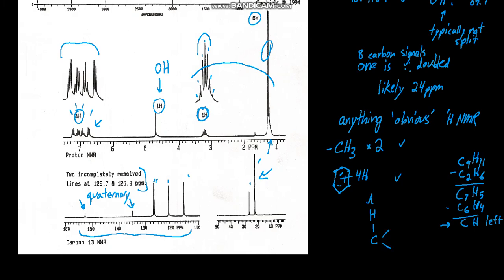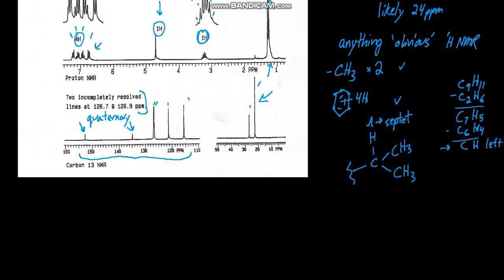Well, it's not going to be the ring hydrogens that can do that, they're all scattered. It's got to be the only other hydrogens present, the exactly 6 methyl hydrogens, splitting that signal into a septet. And now we've got this piece, which we recognize as an isopropyl group from way back in the second week.